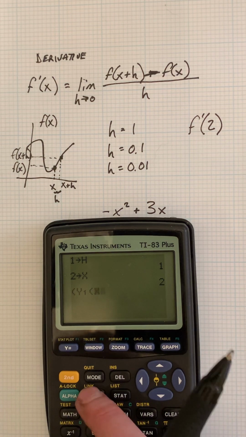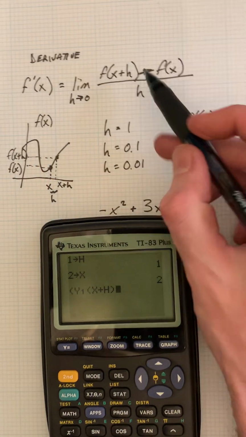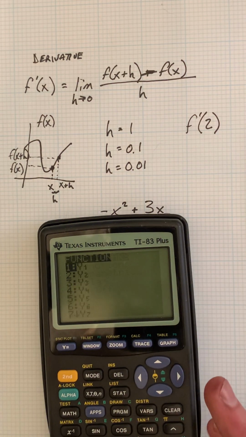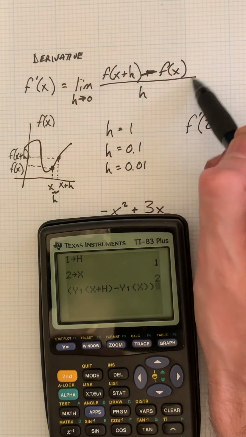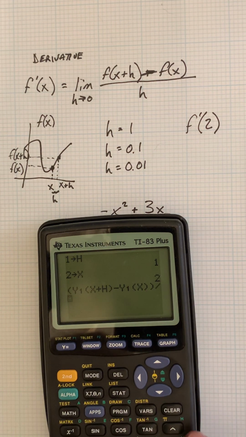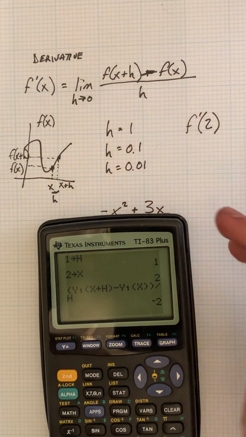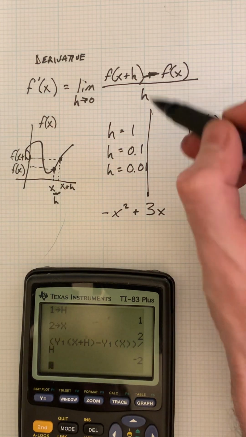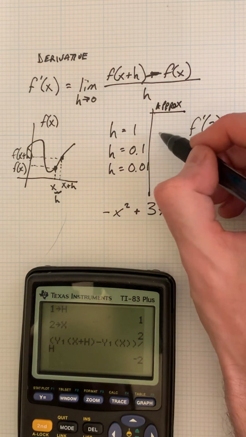Then I'm going to do x, remember we stored 2 into x, plus alpha h, so that's this first part, f of x plus h, minus, get our y1 again, of x, close parentheses, so it's all this at the top, divided by h. If we hit enter, when h is 1, we get our approximation of f prime of x is equal to negative 2.